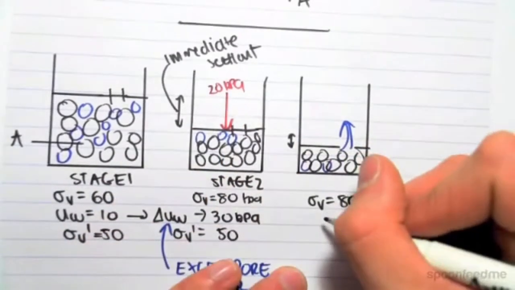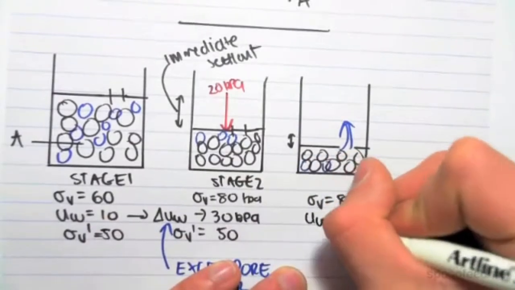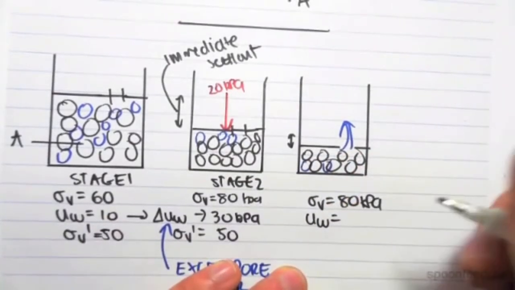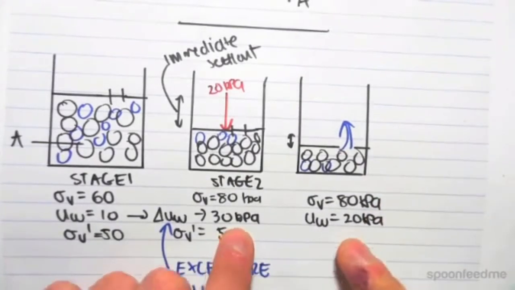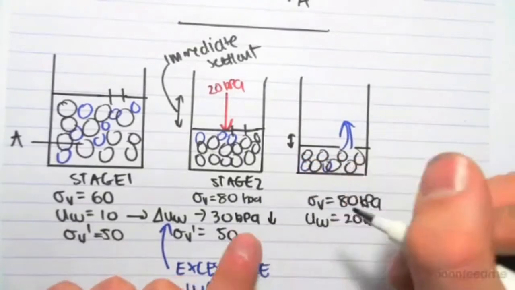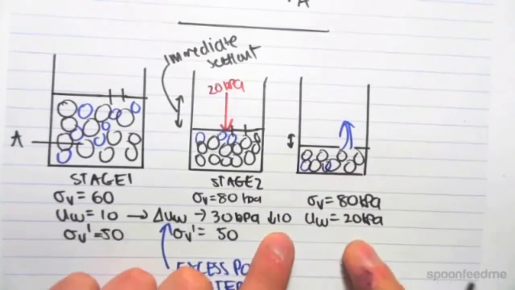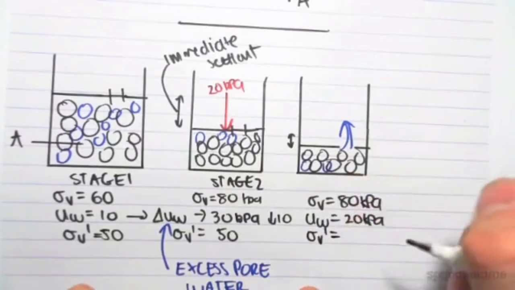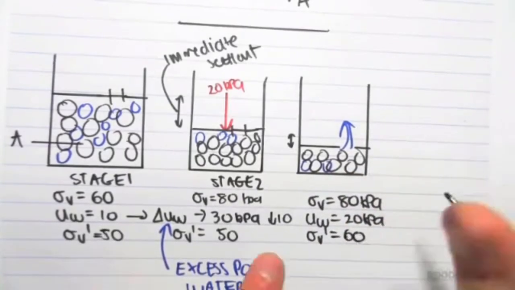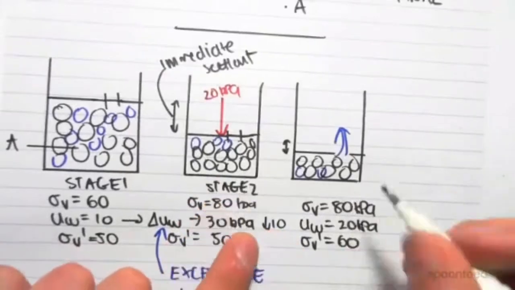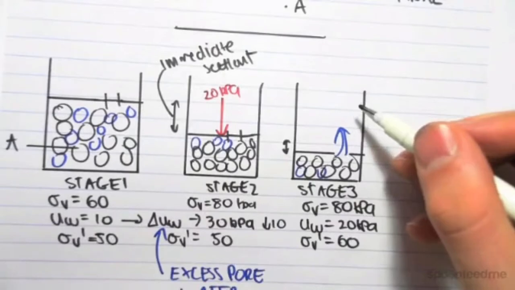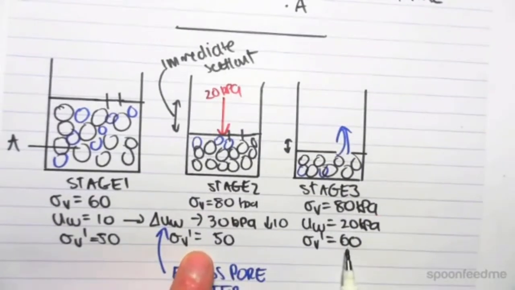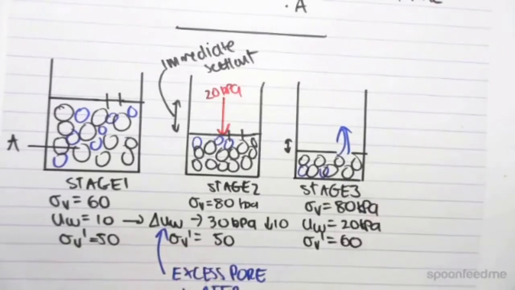The pore water pressure, let's say, is now equal to 20 kPa. So originally 30, it's 20. That means that our excess pore water pressure has reduced by 10 to get us to 20, which means that our effective stress is now 60. So you can see that from stage 2 to stage 3, as our excess pore water pressure escapes, more of the soil takes the load. So the soil was initially taking 50, but now it's taking 60 as excess pore water pressure escapes.